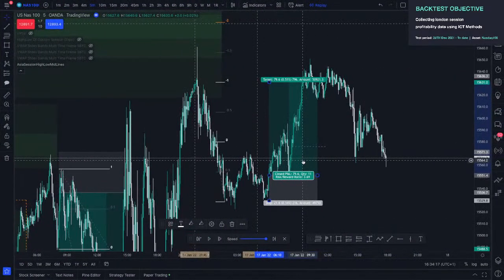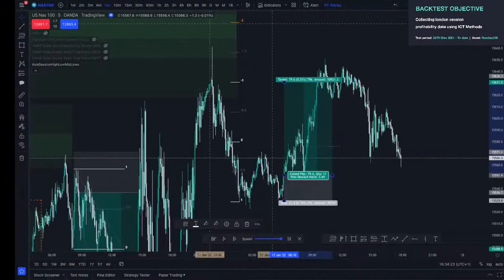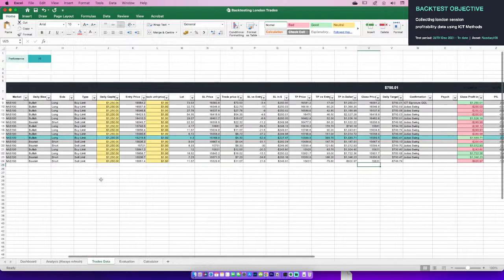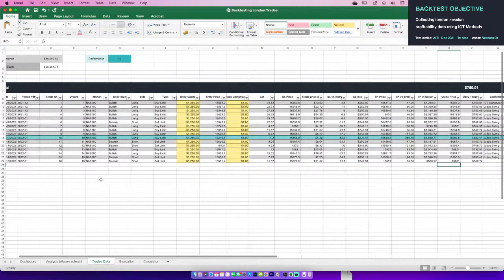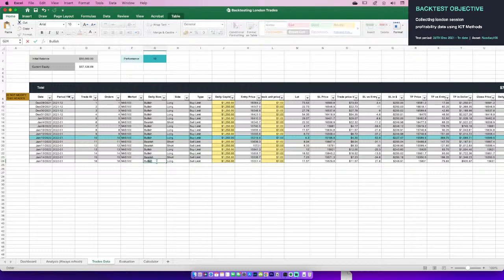Close price 15631.0. Oh, it was already 900. Okay, fair enough. This was not a short, this was a long. This was a bullish move. No, the bias was bearish, sorry.